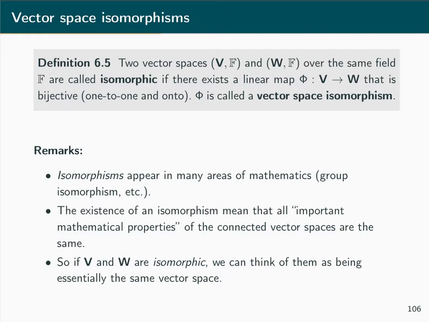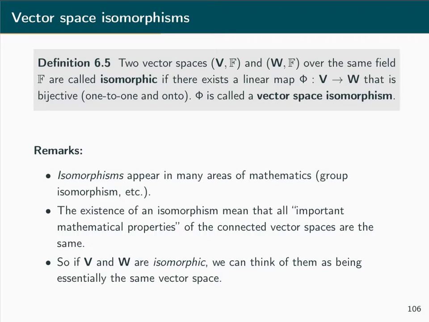So you could think, for instance, of a group isomorphism in algebra and so on. The existence of an isomorphism between two spaces means that all important mathematical properties of the two connected spaces, in this case the two vector spaces V and W, are preserved.